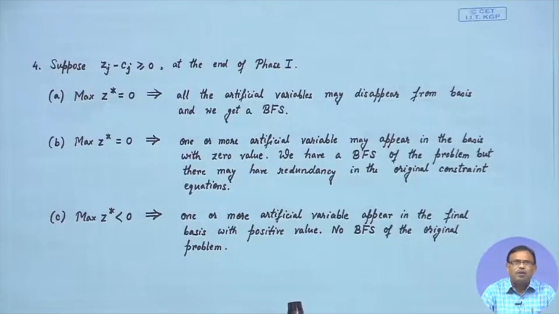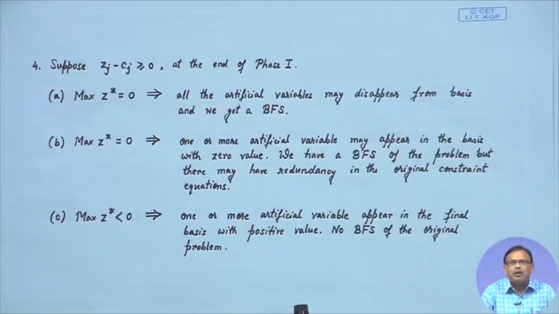So, note these things. At the end of phase 1, maximum value of z star can be 0, it may be less than 0. So, z star equals 0 has two implications. One implication is all the artificial variables will disappear from the basis and we will get the optimal solution if it is there. And it may happen that although z star is 0, one or more artificial variables are appearing in the basis with 0 value.